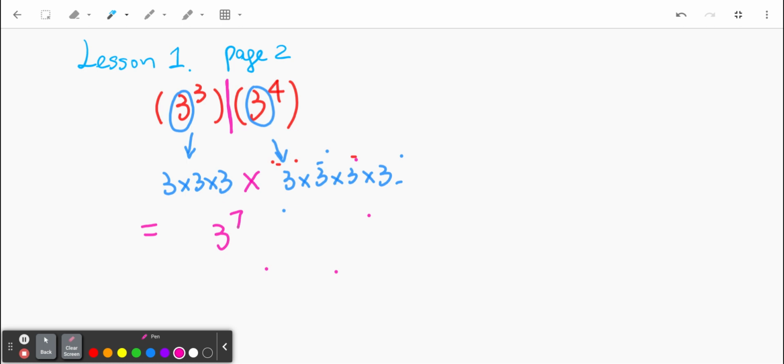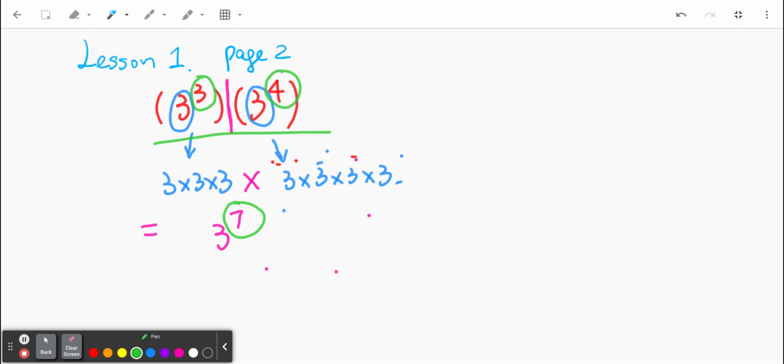So if you look at our original question and if you look at our answer, how do you think we can multiply different exponents? What are we actually doing here? Where do we get the 7 from? One is 3 to the power 3, right? One is 3 to the power 4. So how do we get 7?